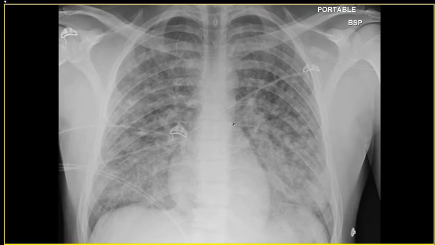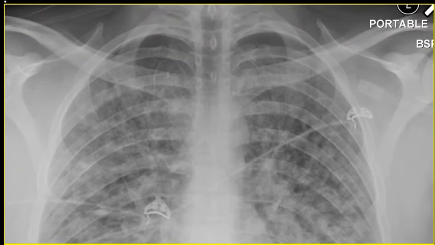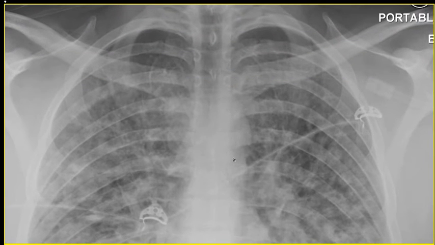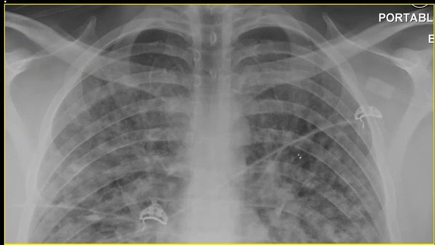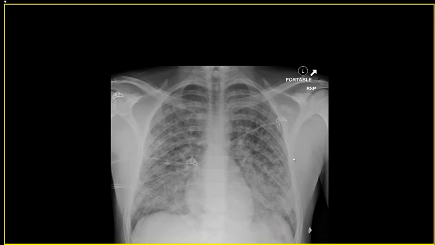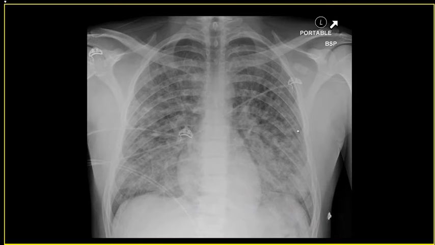Another thing that's relevant here is the presence of septal lines in the lungs as well. So for example, here and here, and there are some in the perihilar regions, like there, maybe there. Now the heart size is normal, so we have this diffuse bilateral parenchymal opacity with septal lines.